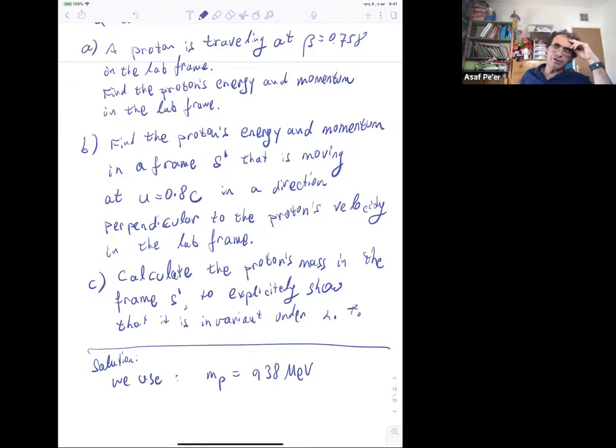So without loss of generality, and in order to save us a lot of trouble, we're going to assume that the proton is moving in the y direction and that the S prime frame is moving in the x direction. We were told that in the lab frame, the motion of S prime is perpendicular to the motion of the proton.